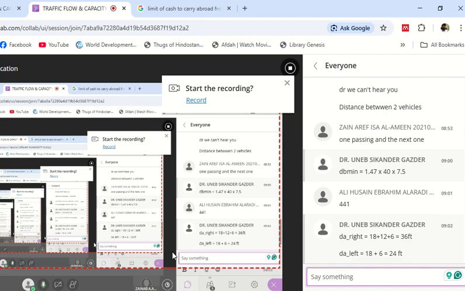Okay, so I have the dA for each side. Now I'll use the ratio dB. Let's say I'm doing it for the right hand side.